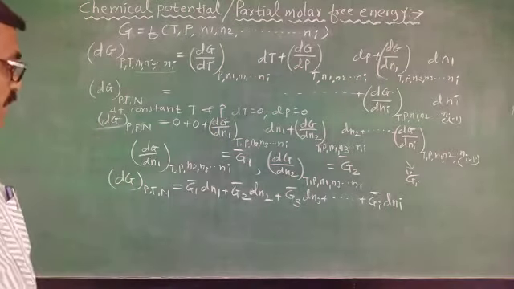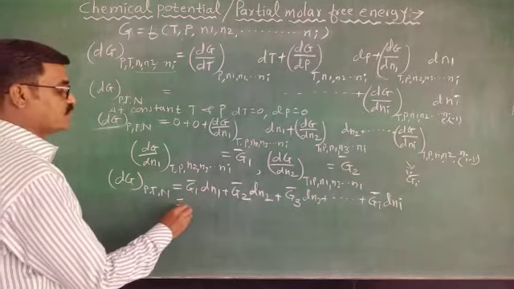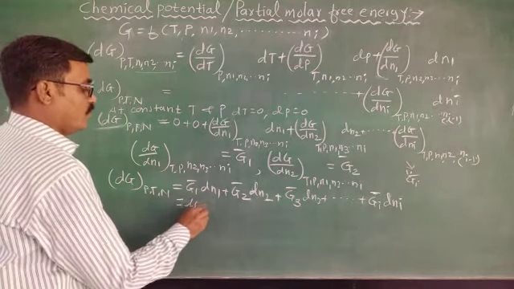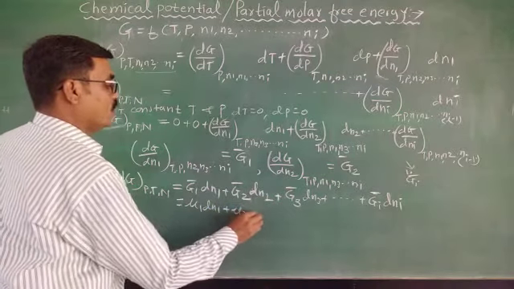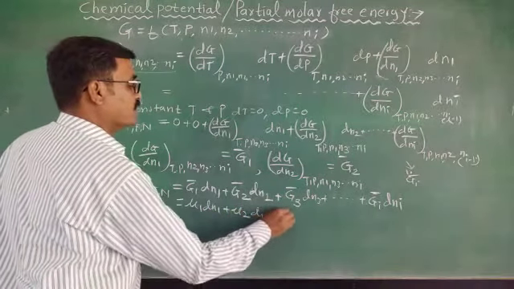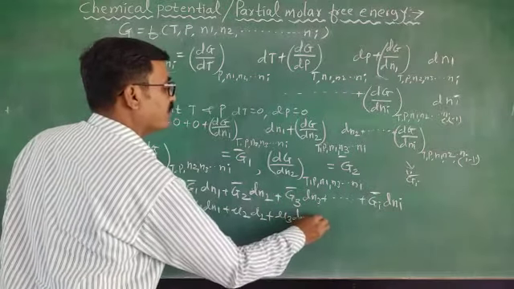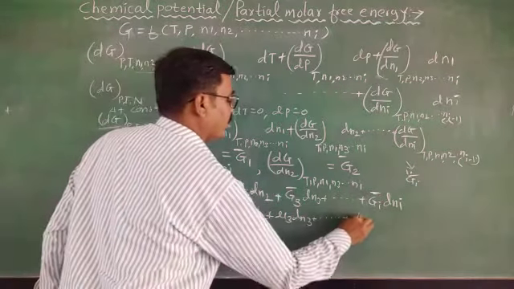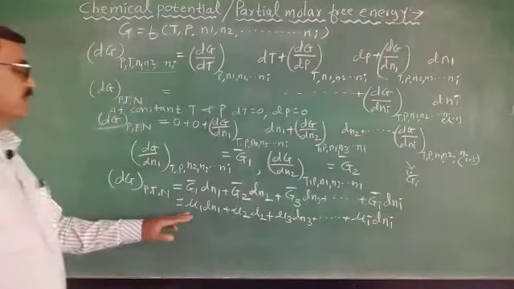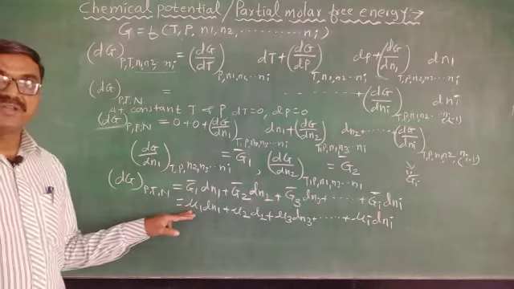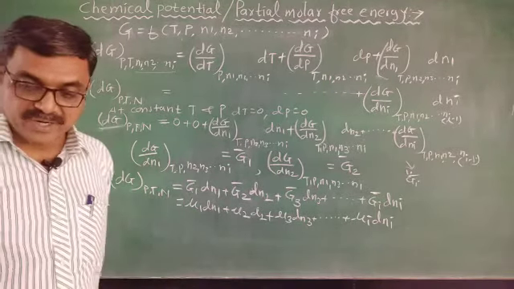Or further, it may be represented as mu1 dn1 plus mu2 dn2 plus mu3 dn3 plus up to mu i dni. This mu is nothing but the chemical potential.